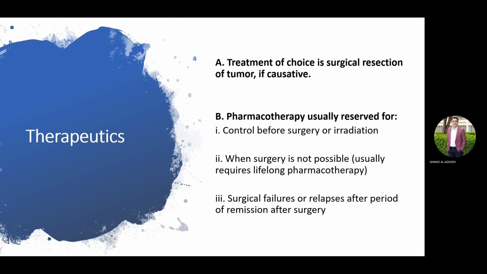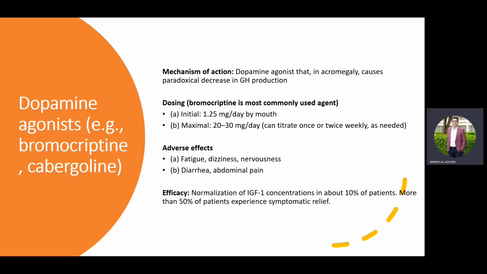When the surgery is not possible, then we have no option other than lifelong pharmacotherapy. Sometimes, if the surgery was not effective or we have surgical failures or relapse, then you might depend only on pharmacological options.